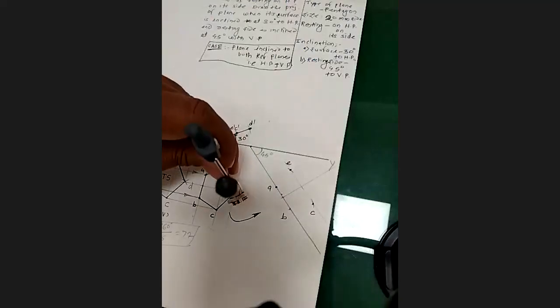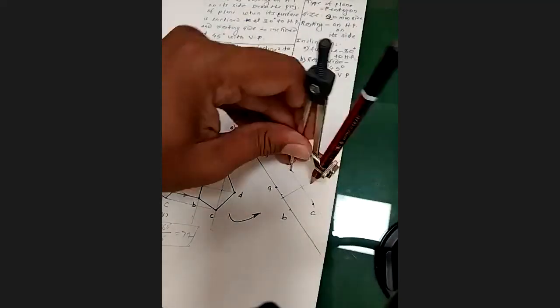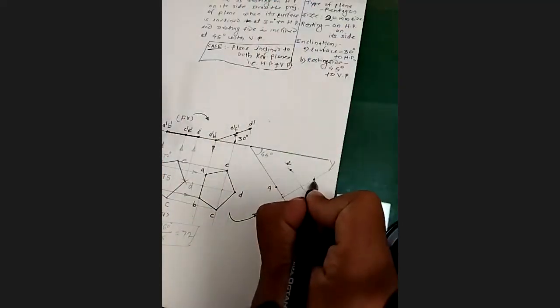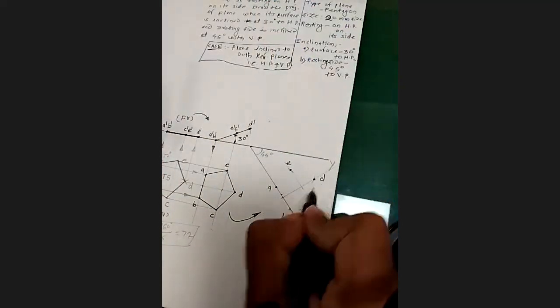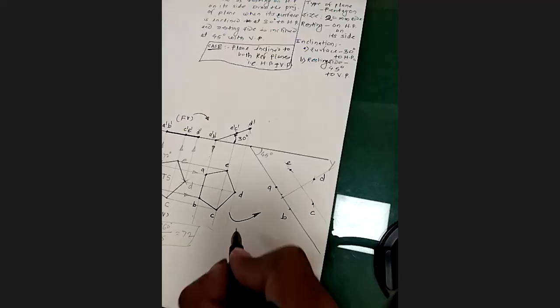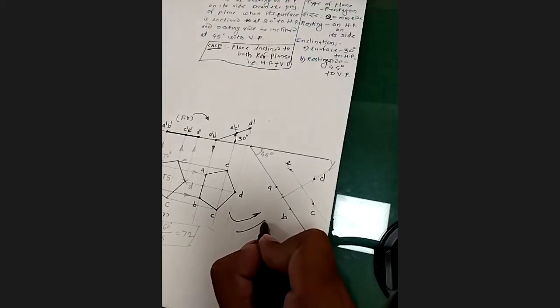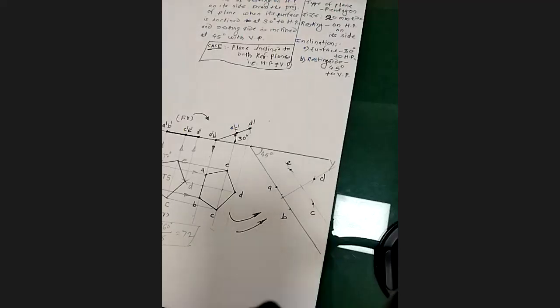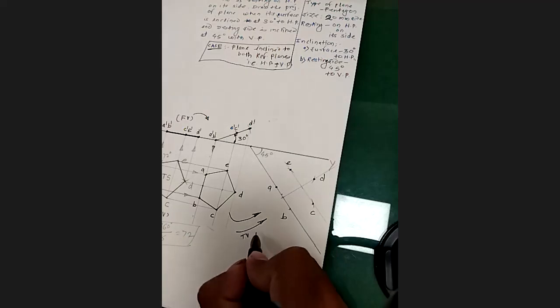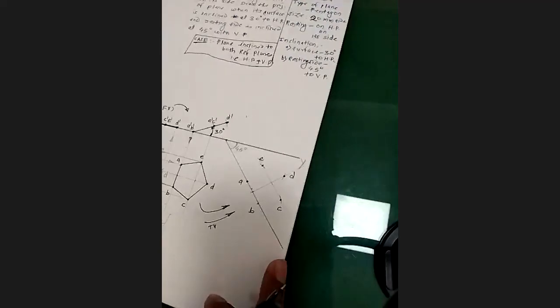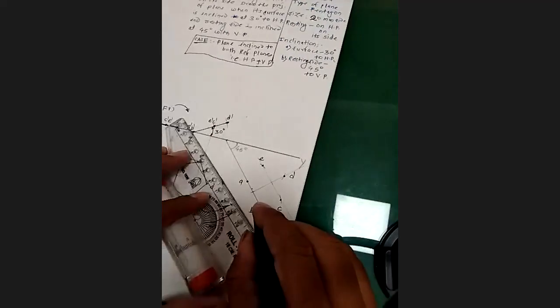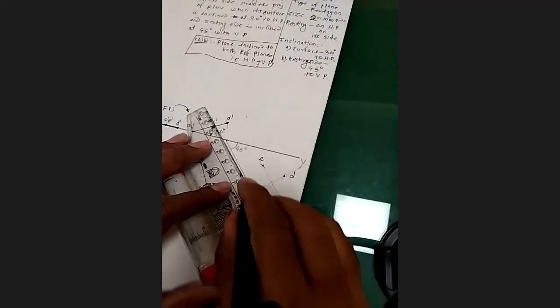With this distance E to D, keeping the compass at this point, if you cut it from any one point, it will give the point D. Now, what we have done is redrawn this top view in a new position. Now I will join all these points in a proper sequence so that you will understand.